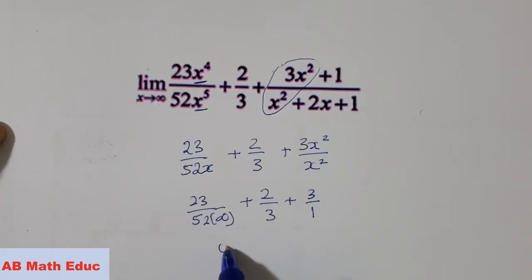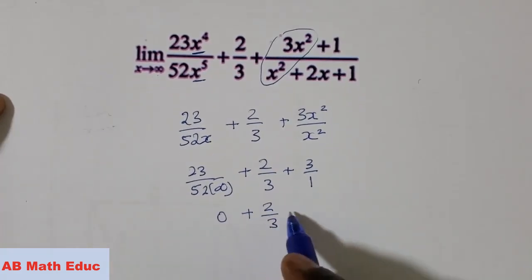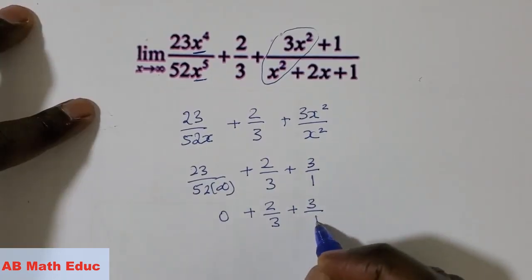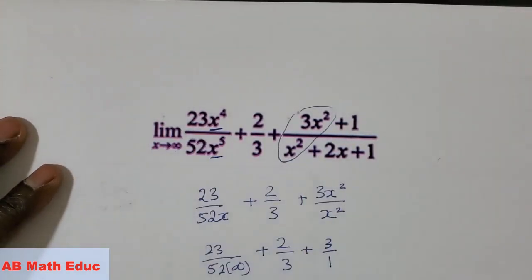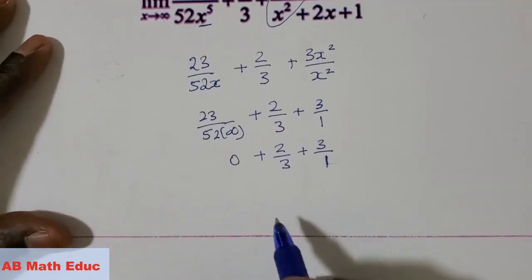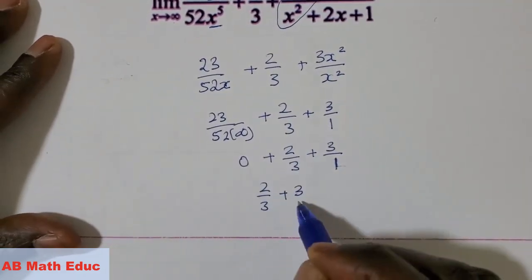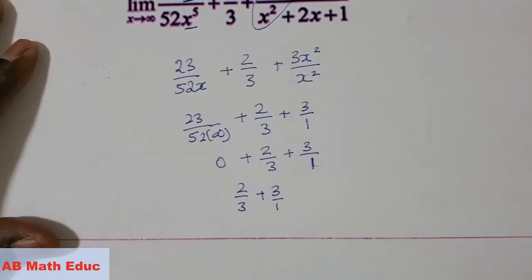So here it will be 0 plus 2 over 3 plus 3 over 1. For this expression, as x approaches infinity, we are getting only 2 over 3 plus 3. Let's put 1 here.